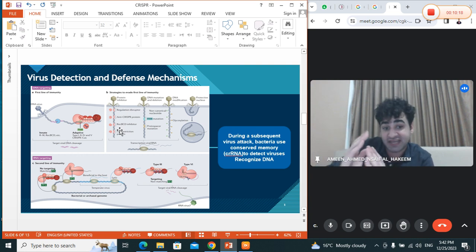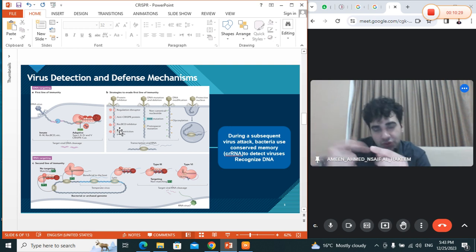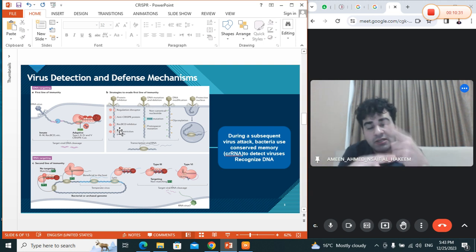If foreign DNA with this sequence is detected, the enzyme cuts it, preventing the virus from replicating. It's like cutting the related sequence so the DNA virus cannot replicate again.